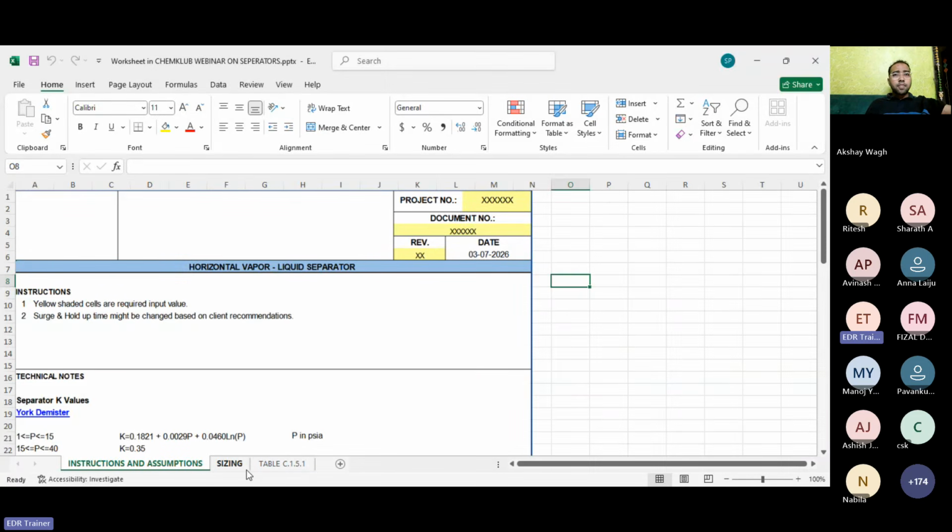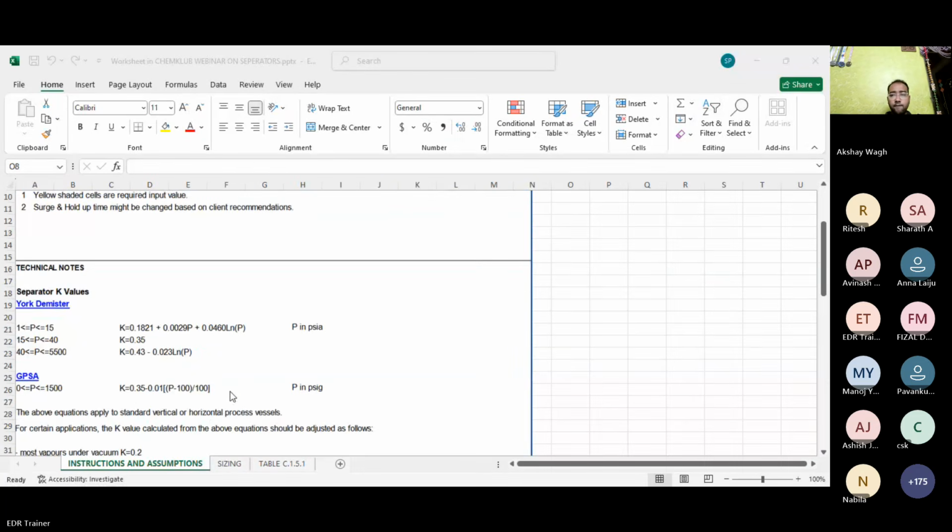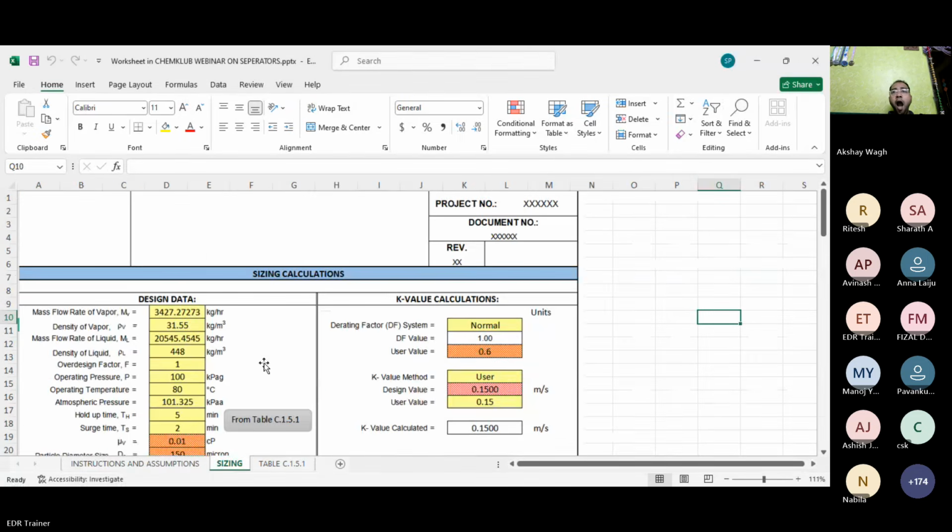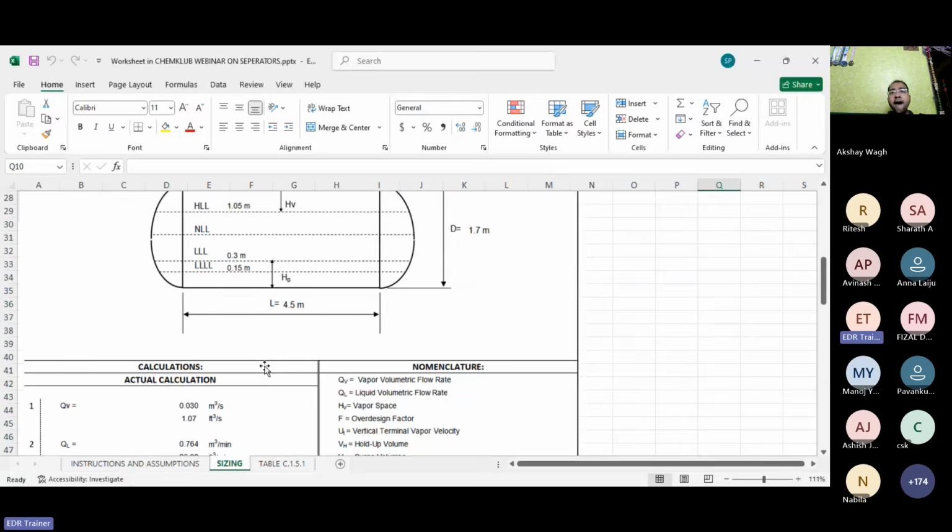Screen is visible. Look, now here is the sizing. Right now we need to calculate here.